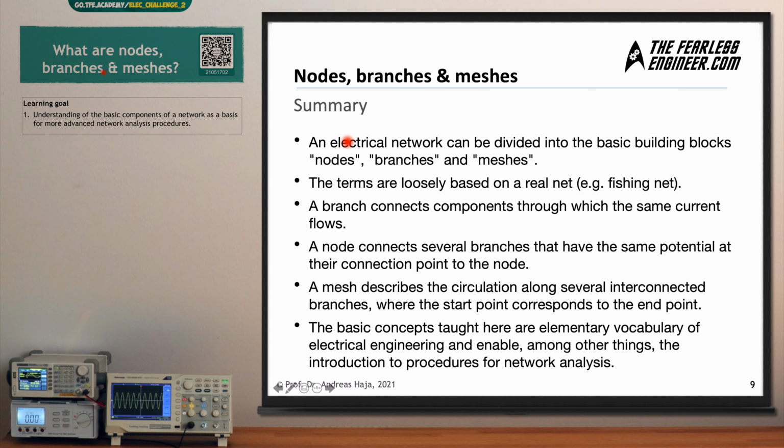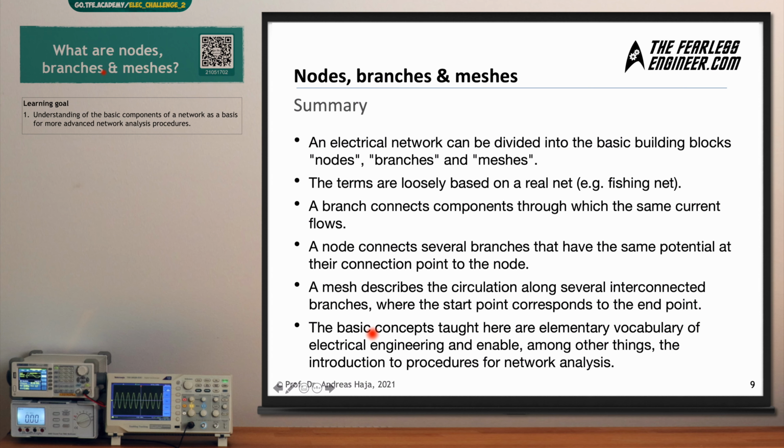Now let's summarize the major points we have seen so far. The first one is that in electrical networks we can divide them into the basic building blocks: nodes, branches and meshes. These terms are loosely based on a real net, for example a fisherman's net, and a branch connects components through which the same current flows. The node connects several branches that have the same potential at their connection point to this node, and the mesh describes the path through a network, the circulation along several branches which are connected to each other, where the starting point corresponds to the end point.